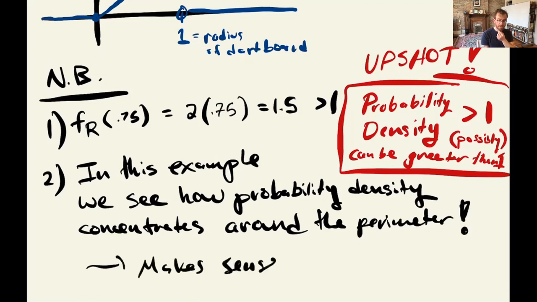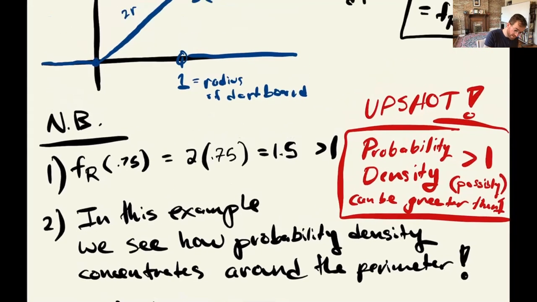Which kind of makes sense because I don't know about you, but hitting right directly in the center, well, first of all, it's literally impossible. But hitting the bullseye, which is in a small region, the way you would find that is just by integrating this little function to get this area here. And that would be the probability of a bullseye.